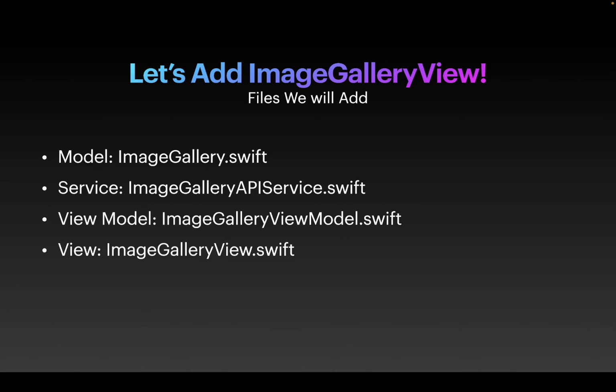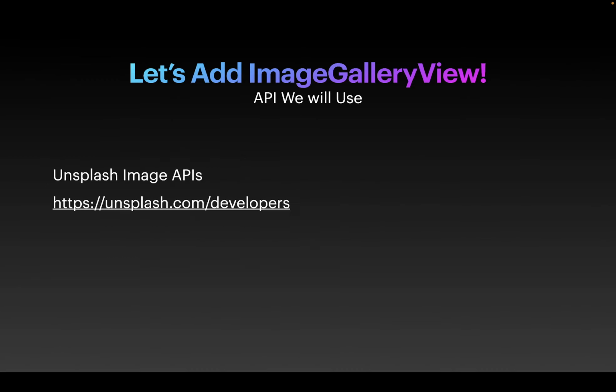And for the view model and view, you already know the definition. Is that clear? Any questions on the view model and the view? What kind of job are they going to do?